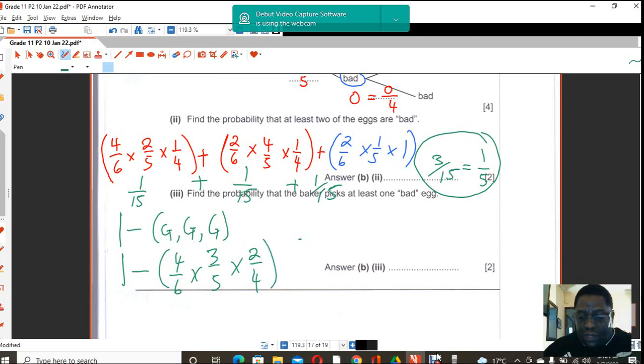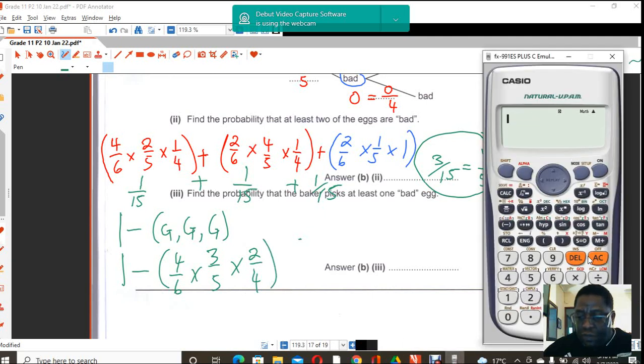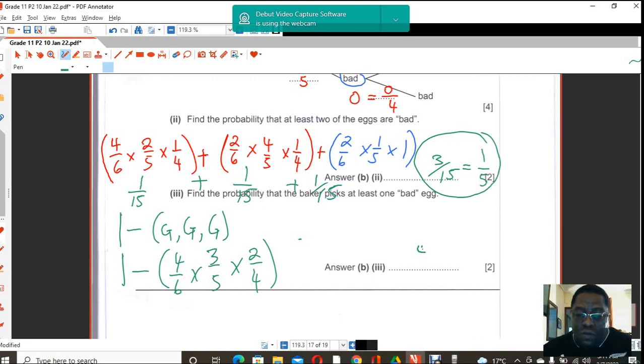We'll punch that in. Well, you get 4 over 5 as an answer. So 1 minus all of the good stuff, 4 upon 6 times 3 upon 5 times a half, or 2 over 4 rather, 4 over 5, final answer. Good. 4 over 5.